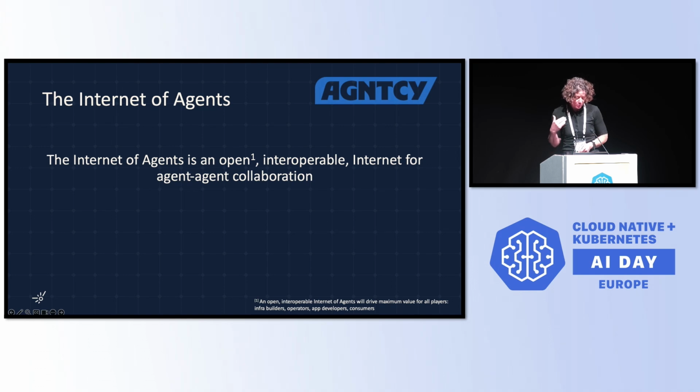Right now, agents are very tightly tied to a runtime and a siloed ecosystem. We see a possible future where we could have a fully open, interoperable internet for agent-to-agent communication and collaboration.